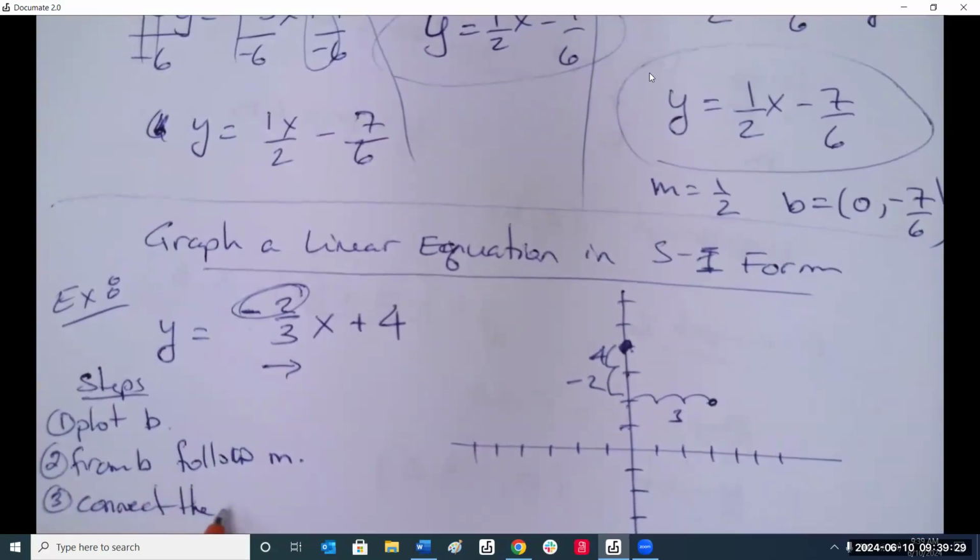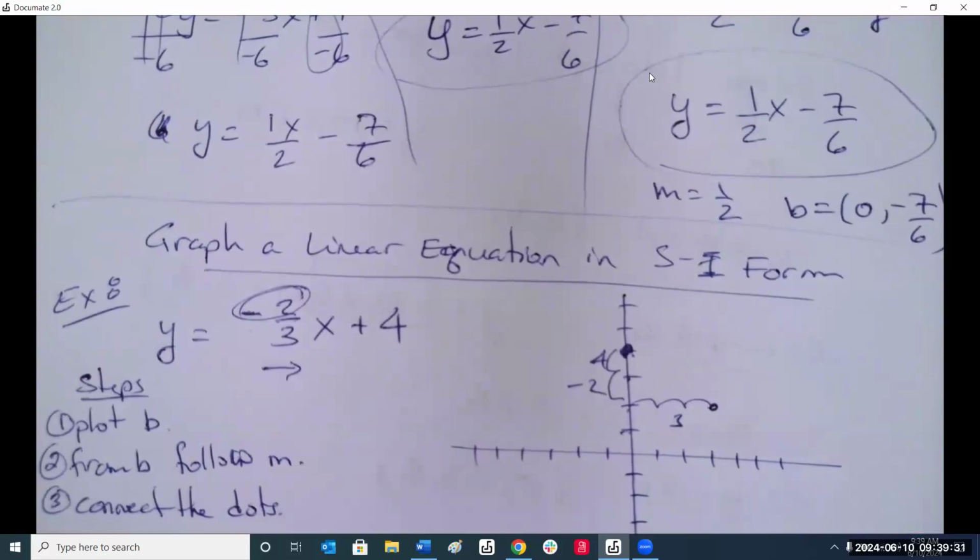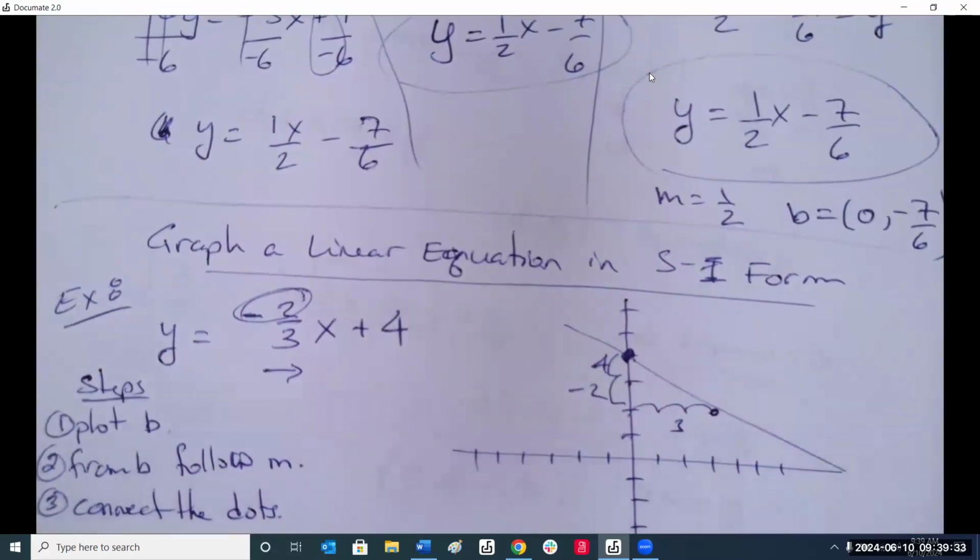Connect the dots. And there's your graph. Pretty straightforward. All right, that does it for section 3.